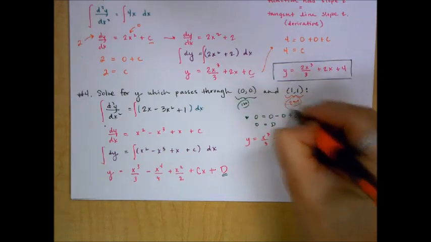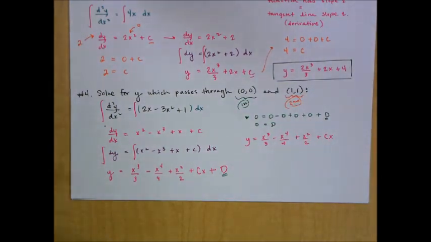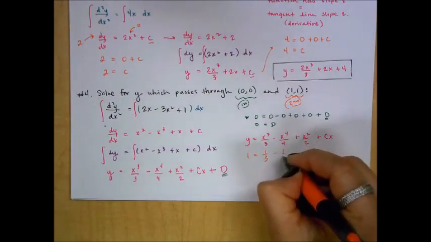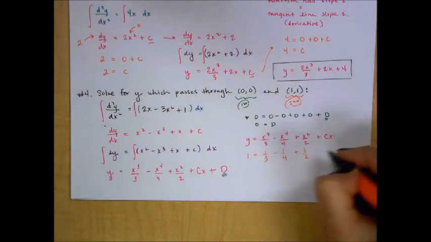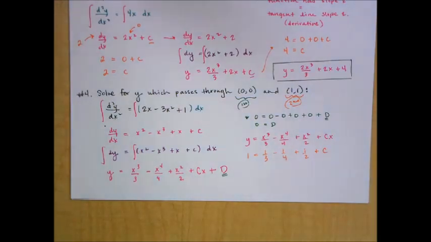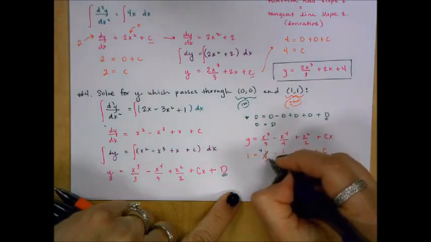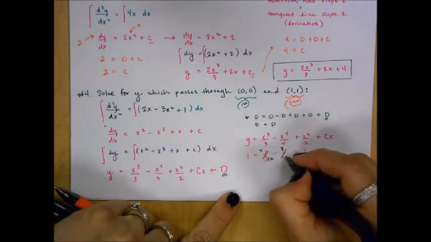So I have 1 equals 1/3 minus 1/4 plus 1/2 plus c. So a little work with fractions. We need a common denominator, which is going to be 12.